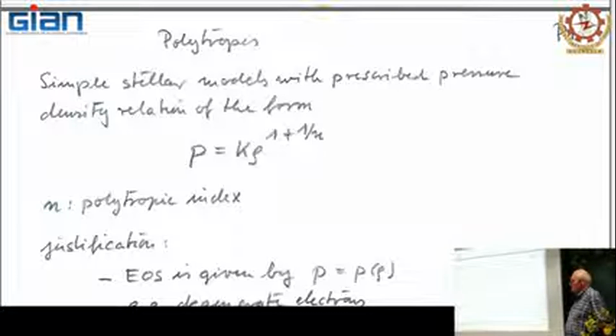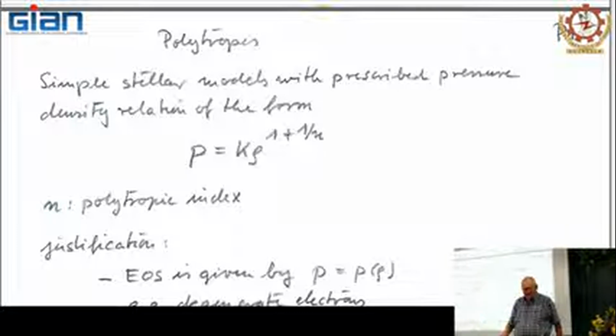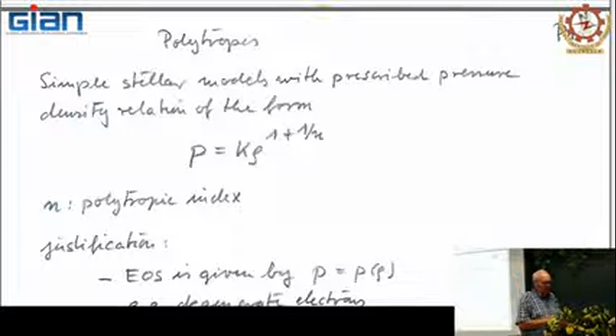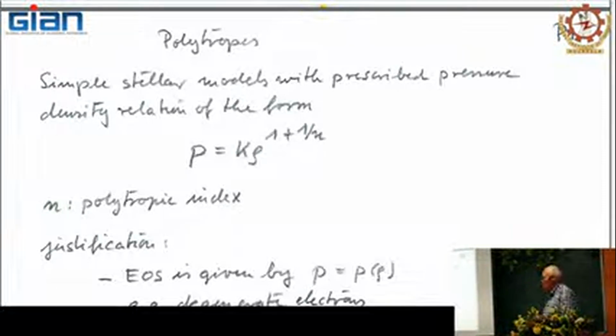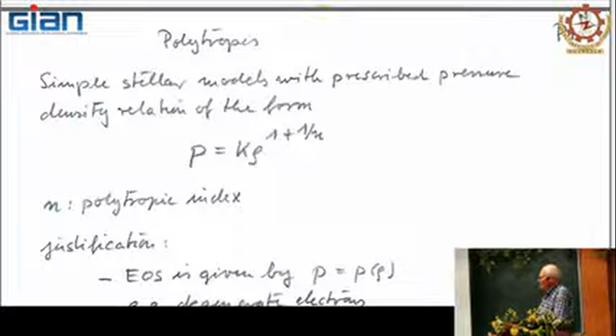This relation is given in a formal way and needs some justification, in which case a relation between pressure and density may be assumed as a formal condition for closing the mechanical equations.